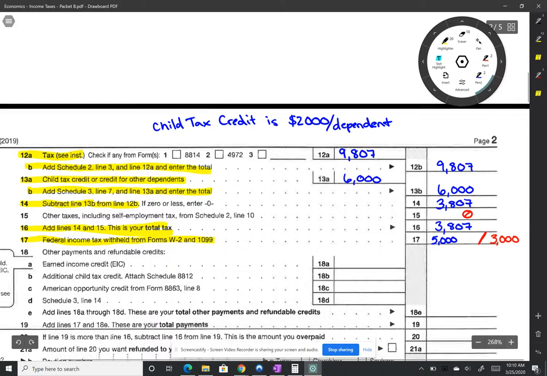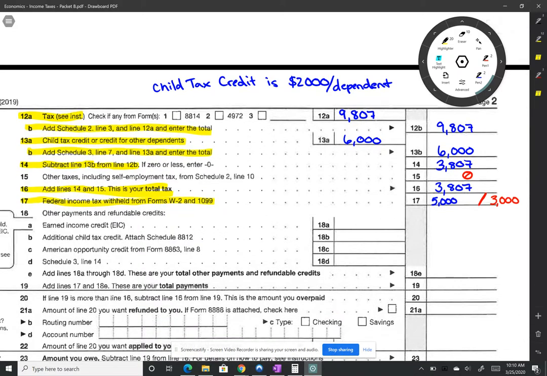Okay. So 18, don't worry about 18. We're not going to do anything with 18. Okay. So, right. So add lines 17 and 18E. These are your total payments.